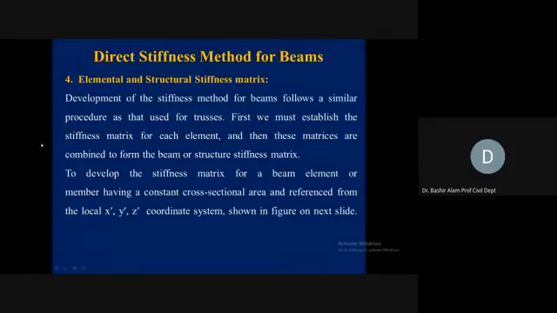First, we must establish the stiffness matrix for each element, and then these matrices are combined to form the structural stiffness matrix. To develop the stiffness matrix for a beam element or member having a constant cross-sectional area, we refer to the local x', y', and z' coordinate system shown in the figure on the next slide.